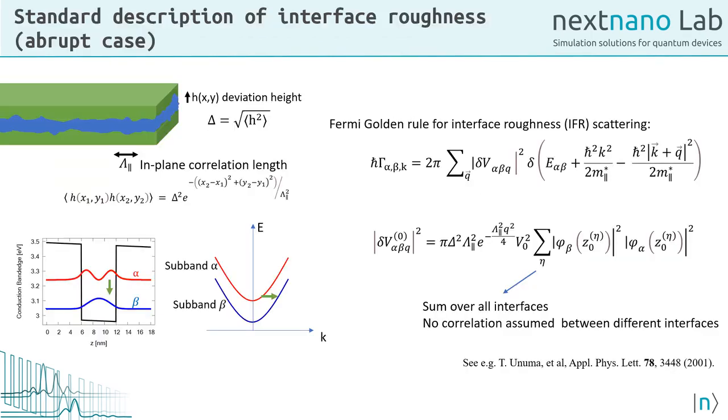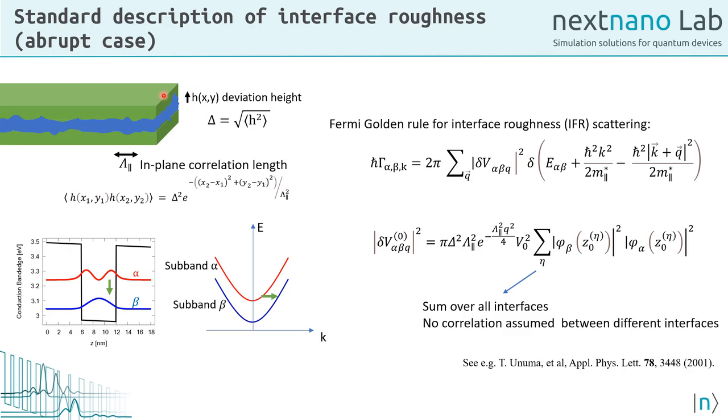So first I will come back to the standard case of interface roughness, where we have this abrupt interface, which can be modeled through a height deviation that here we call h.